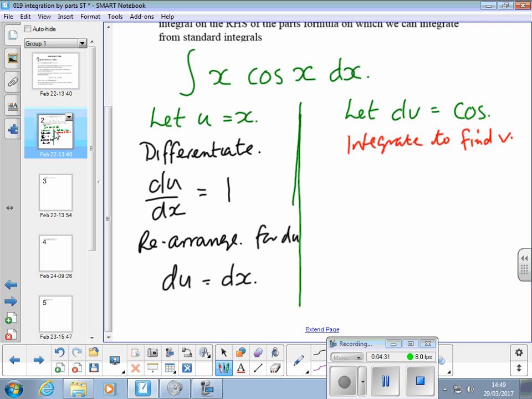So v is equal to the integral of cos x dx. What's the integral of the cosine of x from your tables? v is equal to sine x.